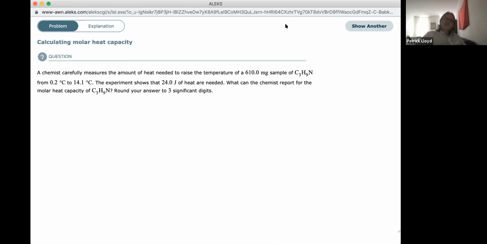So let me talk a little bit about molar heat capacity. If it's written just as a C, it means specific heat capacity.